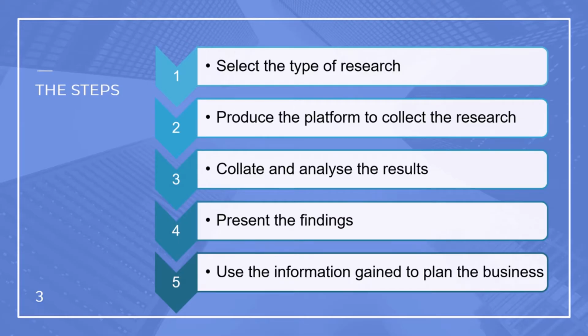So usually you would put this into bar charts, graphs, things that are easy to understand, and also some written descriptions. And you would have to present these findings to whoever was managing the company. Next is you will look at all that information that you've gained and you would use it to plan your business, to plan your next steps.